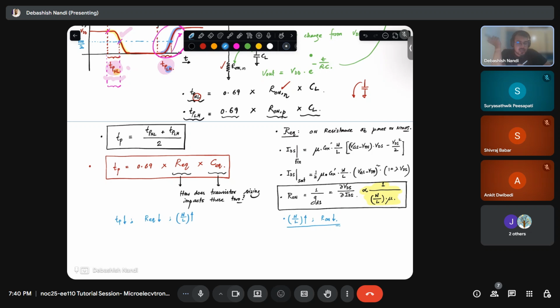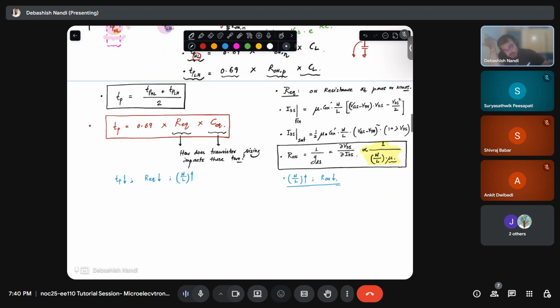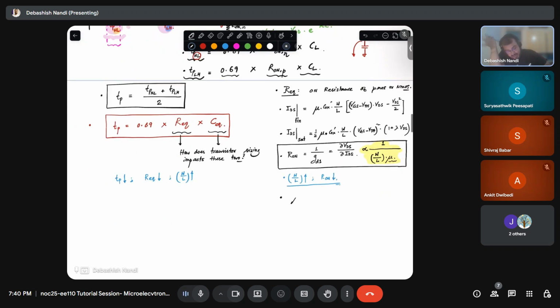Because mu, the mobility, is a semiconductor property, it does not change much. But why did I keep mu in the proportionality as a separate quantity? Because we have also seen in one problem that mu n, the mobility of NMOS, is basically twice the mobility of PMOS.